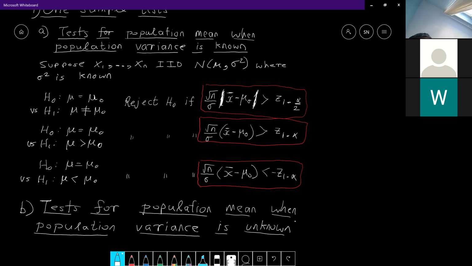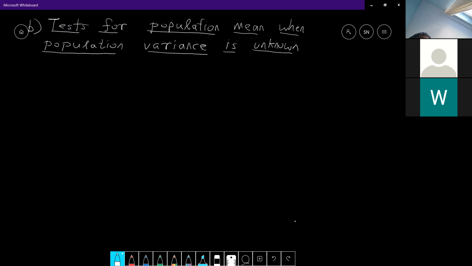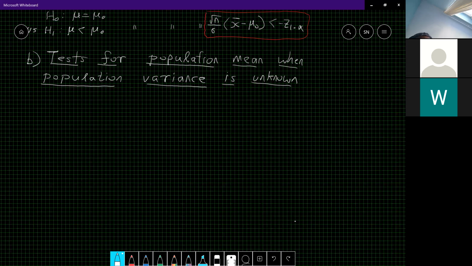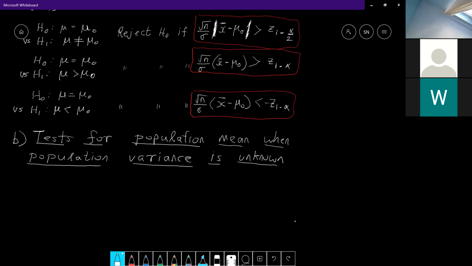In this case you have a similar setup as above, but the rules are different.